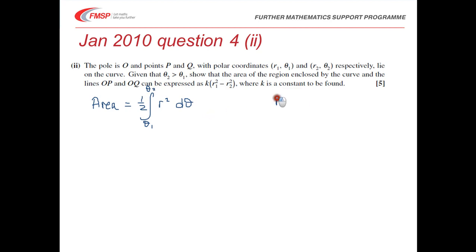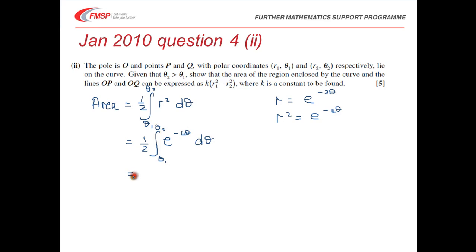So r is equal to e to the minus 2 theta. So r squared will be equal to e to the minus 4 theta. So if we put that in here, effectively what we've got to do is integrate e to the minus 4 theta d theta and evaluate between theta 1 and theta 2.